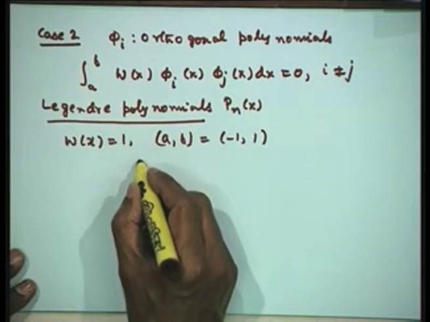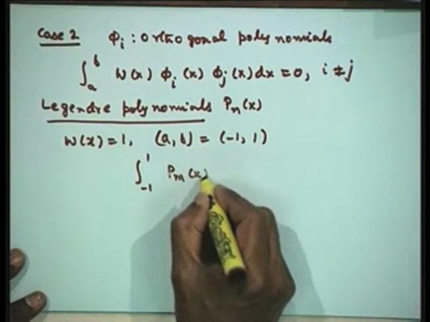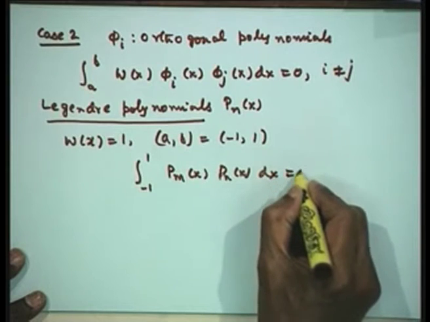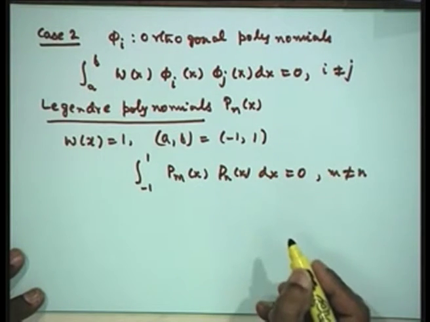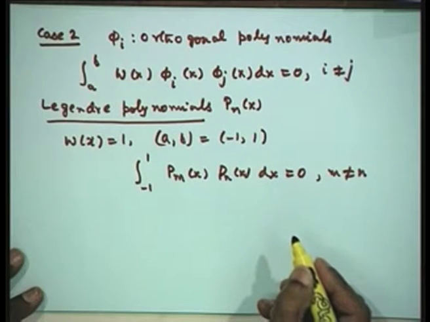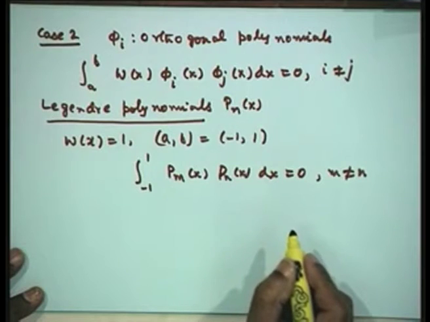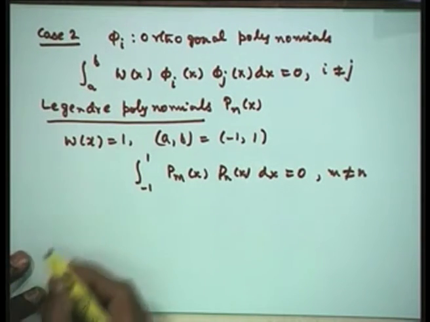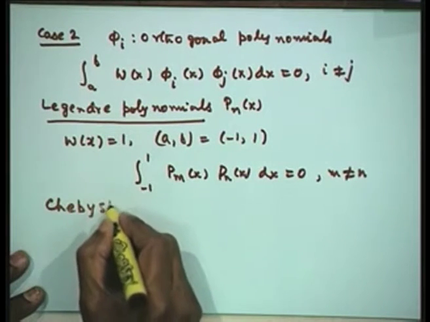That means, what we are saying is integral minus 1 to 1 P_m(x) P_n(x) dx is equal to 0 for m not equal to n. This is the property of the Legendre polynomials. I can choose other polynomials. The other polynomial that is very useful is the Chebyshev polynomial. It is called a Chebyshev polynomial.